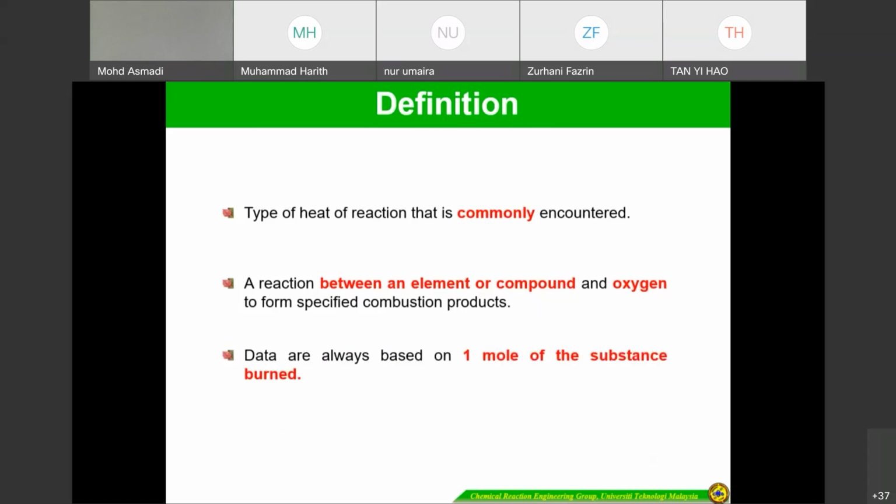If you pyrolyze or combust the biomass, it will produce gas, solid, and also liquid, or other substances or compounds. So whether it's vapor or liquid, if you do the condensation, the vapor will be condensed and produce liquid. The data is always for 1 mole of substance burned. Please remember that one.